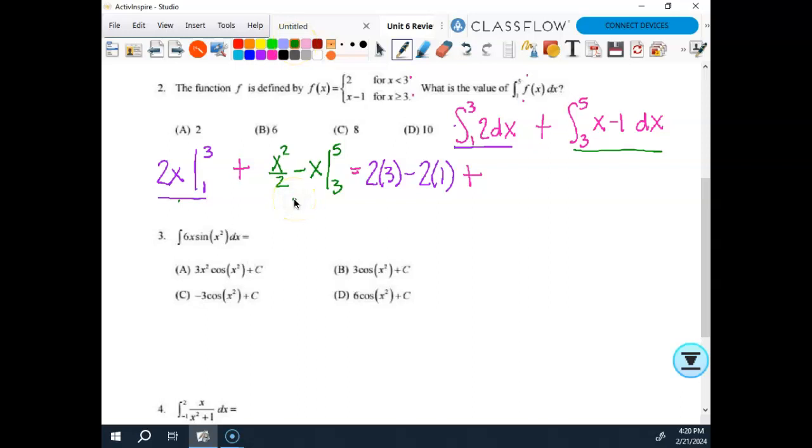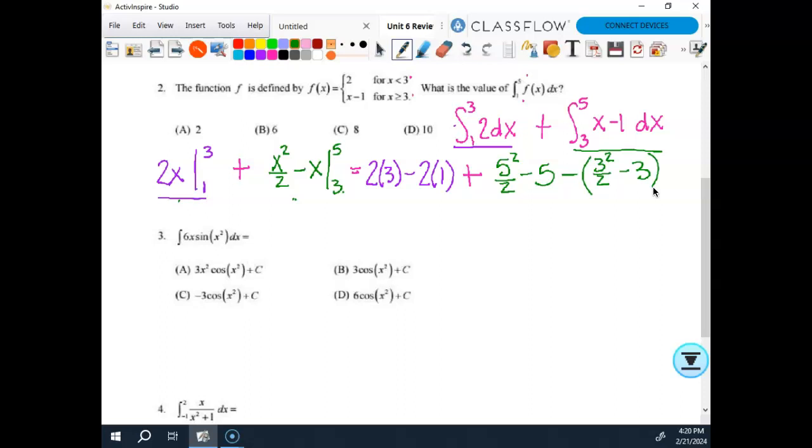I'm going to substitute in 5 first, so I'm going to get 5 squared over 2 minus 5, and then I have to subtract, and then I substitute in the 3. This is more than one term. You need parentheses here. This is going to be 3 squared over 2 minus 3. Okay, now, yeah, I got some fractions, but I don't really have to do a bunch of weird common denominators here.